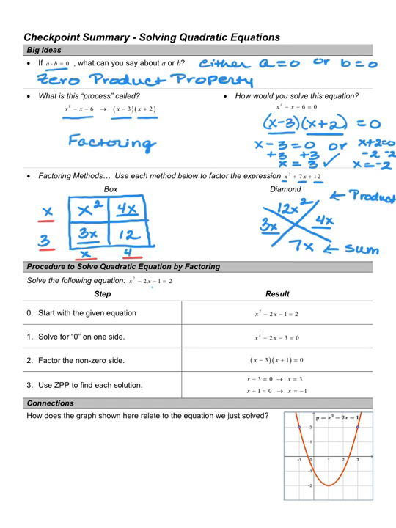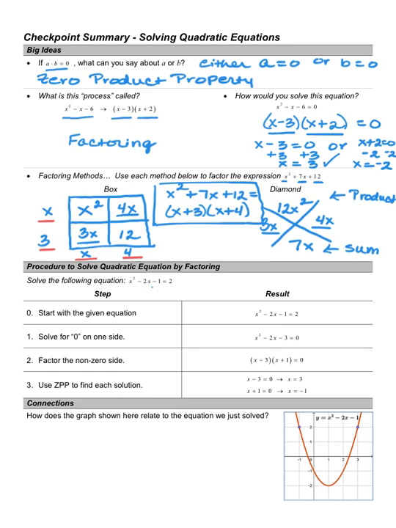What does this mean? This means that x squared plus 7x plus 12 factors to x plus 3 times x plus 4. And that's how we factor a quadratic expression, okay?